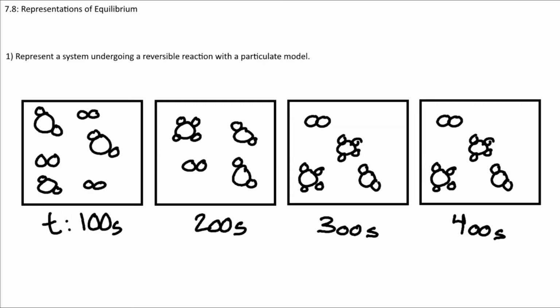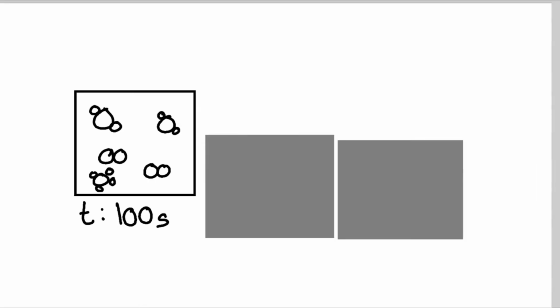So if we reach equilibrium somewhere after 300 seconds, but before 400 seconds, theoretically, the picture at the 300 second mark is going to be the exact same as the picture at the 400 second mark, because the concentrations are going to remain constant. Now, if you didn't get that, don't blame yourself. Just keep it in mind and remember it for when that question is asked to you in the future.